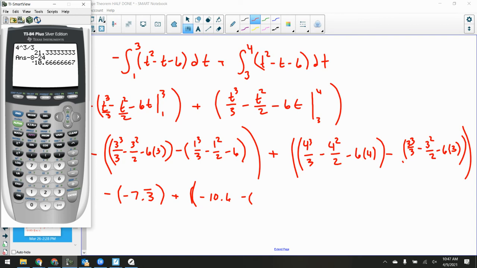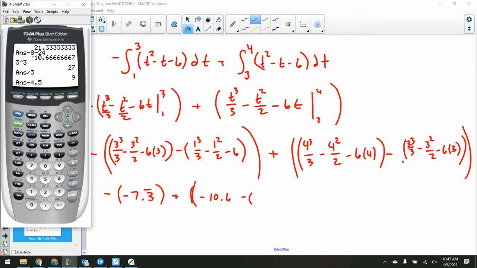And then we got 3 to the third over 3, minus 3 squared over 2, minus 4.5. Isn't that the same thing as well? I already lost it in my calculator up there though. Was it negative 13.5?